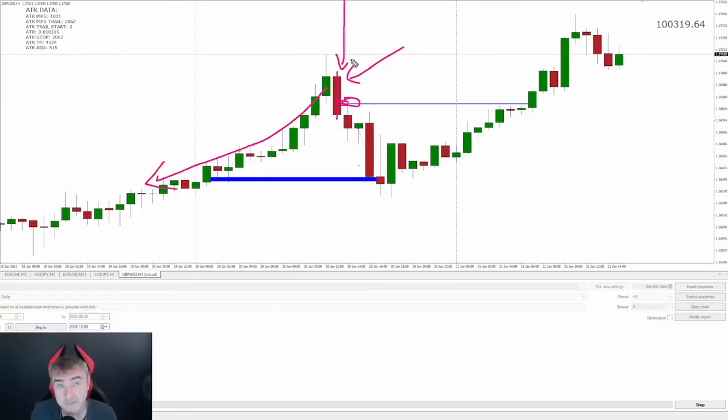It is the largest move in the last 25, in this case, hours. So this candle is the biggest movement we've had in 25 hours. And the price action following that candle was bearish, and it didn't even get back to the previous low.